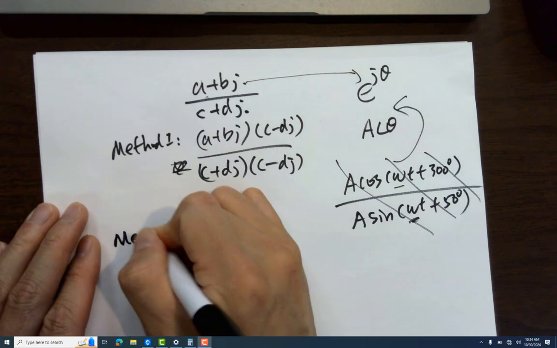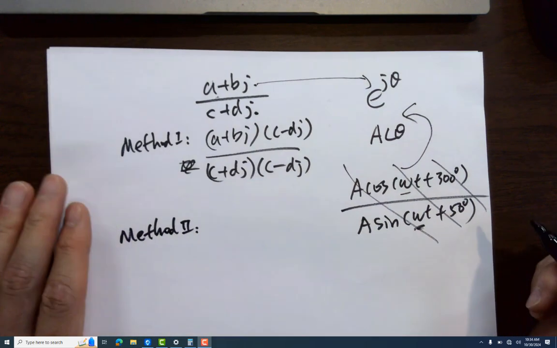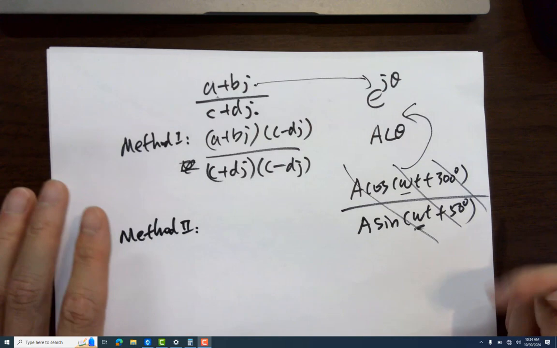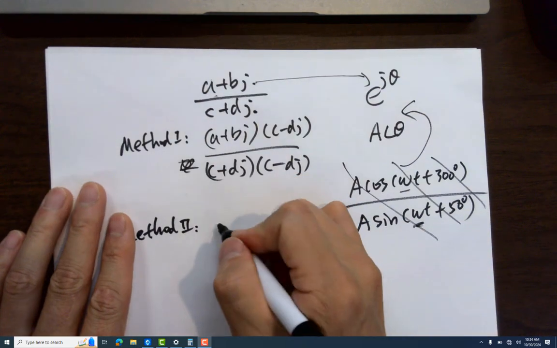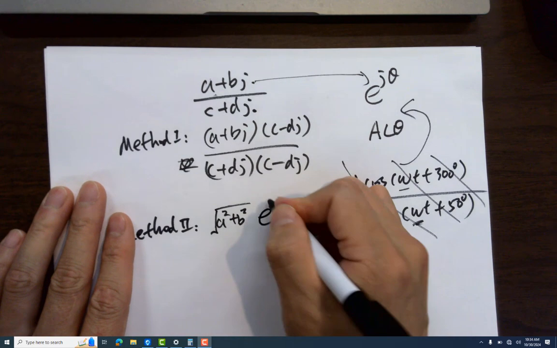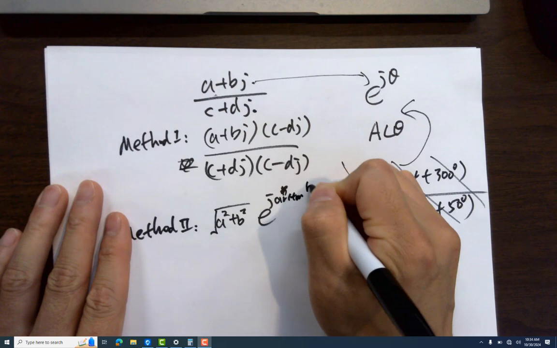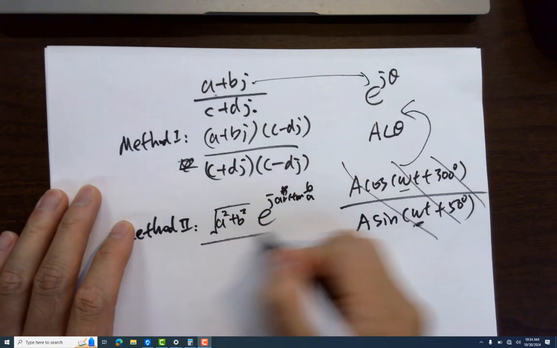What about method 2? That's the beauty of phasors. A squared plus b squared, that's the top.